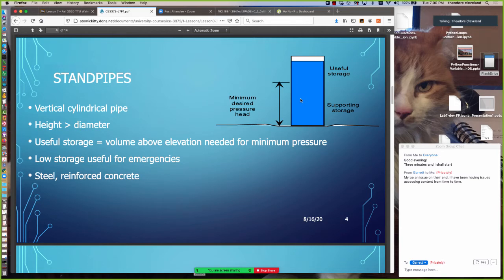And there's a fair amount of structural consideration, because down here at the bottom of the tank, it has to be able to support the outward pressure of all this water on top of it. So if that's 100 feet of water, that's about 3 atmospheres.